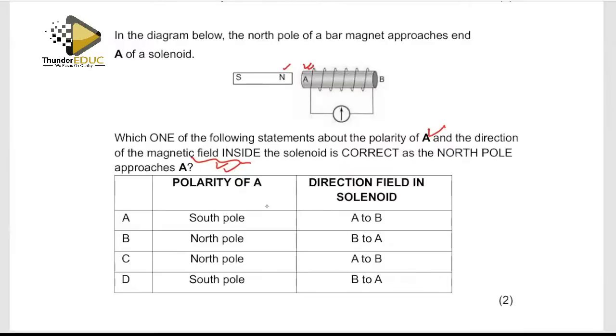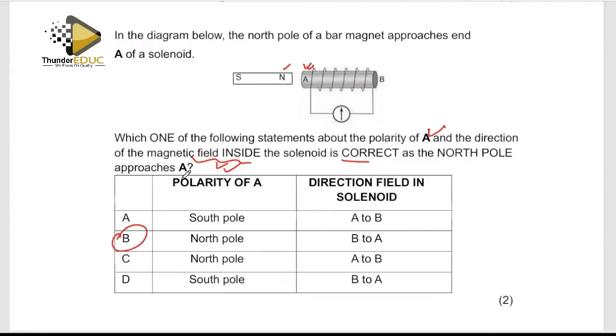So A is going to be a North Pole, and then the field is going to be B to A. So I'll go with option B.